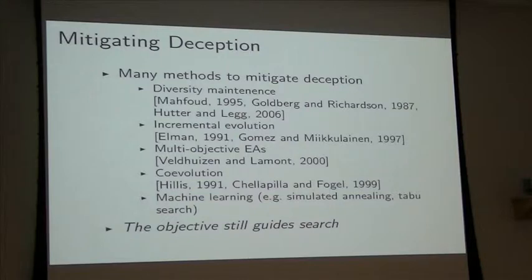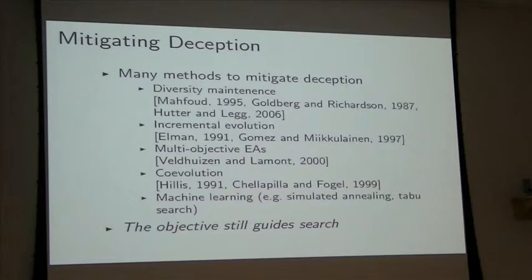Before I go on to present novelty search, which is a way to abstract evolution as a search for novelty, I want to first talk about other ways of mitigating deception. Deception is a huge problem in evolutionary computation in general, because it keeps us from reaching the kind of things that we'd like to evolve. As a result, there have been many methods that mitigate deception, and oftentimes these will increase the reach of what kinds of targets you can reach.